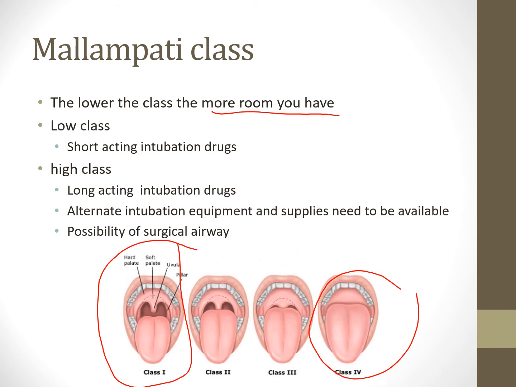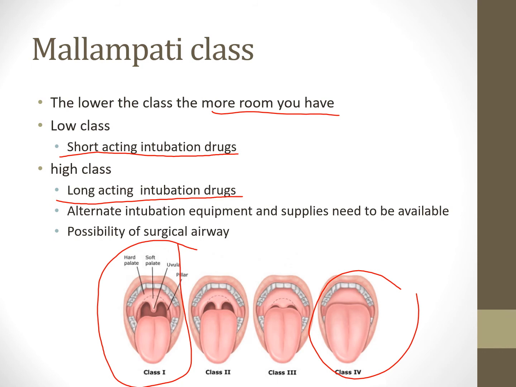So if you have a low class, usually we're going to use short-acting intubation drugs that only take like 90 seconds, like succinylcholine, and this is where you get into your rapid sequence intubation stuff. If you have a high class, we might use longer-acting paralytics or longer-acting intubation drugs, like sedation and paralytics, because it might be harder or take us longer to get that airway established, right?